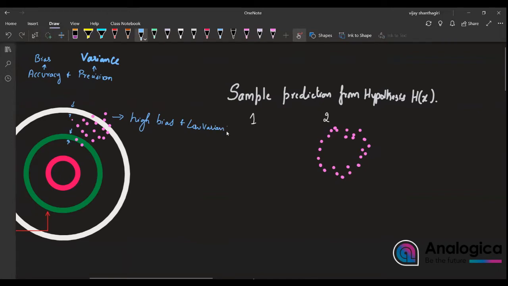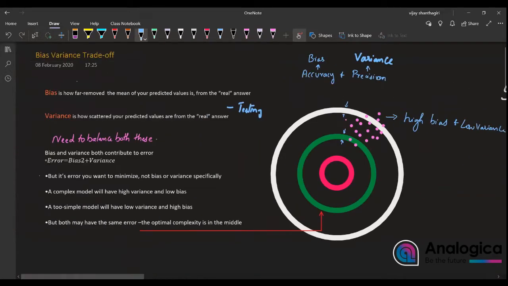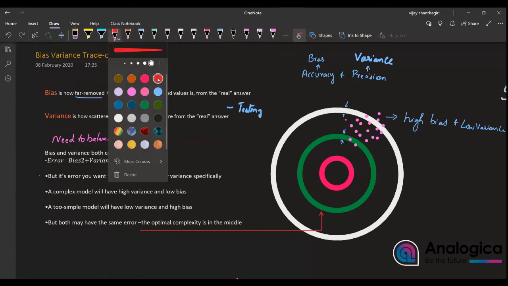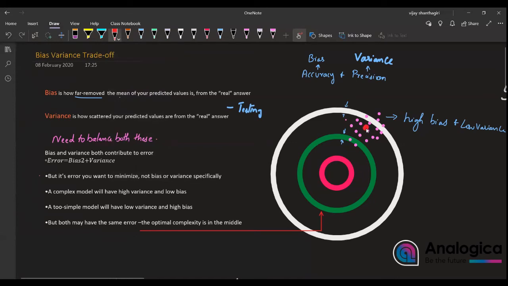Let's go back to the definition of bias. Bias is how far removed the mean of your predicted value is from the real answer. Where is the mean of your predicted value? It's somewhere over here, right? How far is it? Check this out. It's very far. So if the mean of the predicted value is far away from what you wanted to achieve, then you've got a high bias situation.